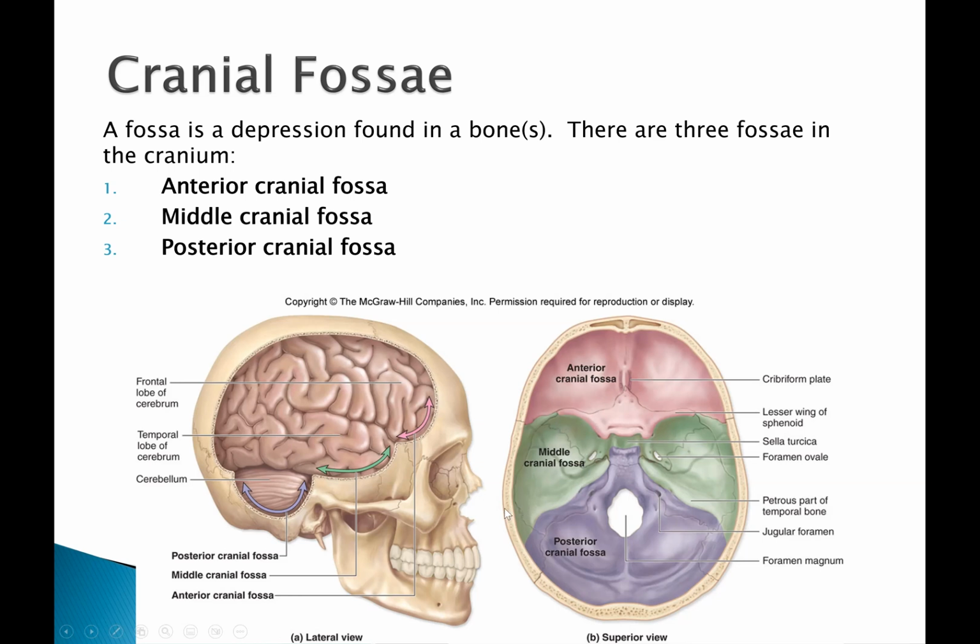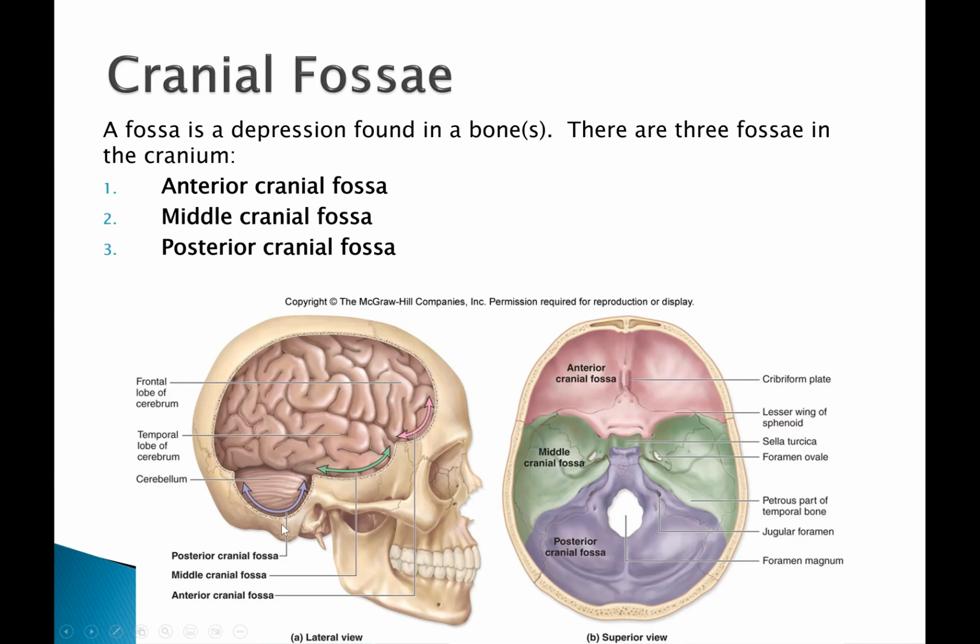On either side of the temporal and the sphenoid right here, this depression is known as the middle cranial fossa. And then here you can see the foramen magnum, the one in purple, that's the occipital bone. This depression right here is the posterior, so anterior, middle, posterior cranial fossa.